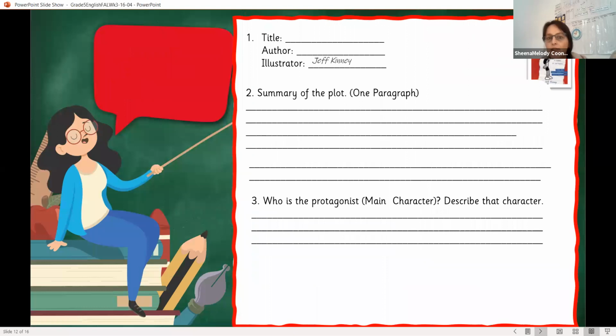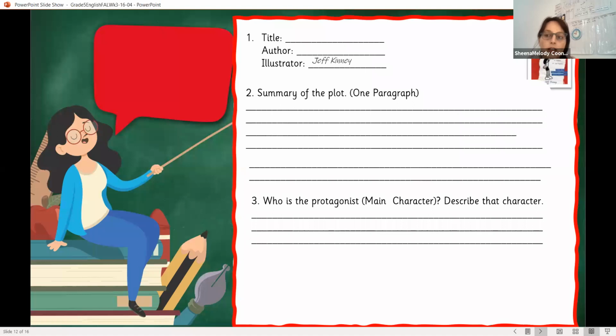It's going to have the title, the author, the illustrator at the top, okay? Some of them actually ask you to draw a picture of something that happens in the book, which you can do, which I think is awesome, but I just put the picture up there for you to see. So this is the way it should be presented, the final draft.